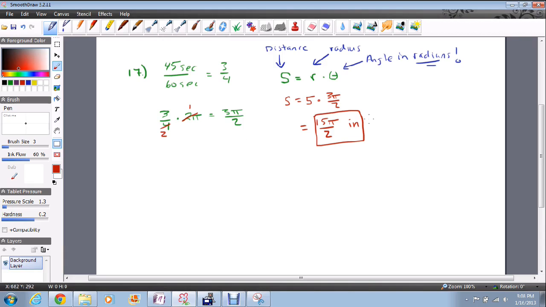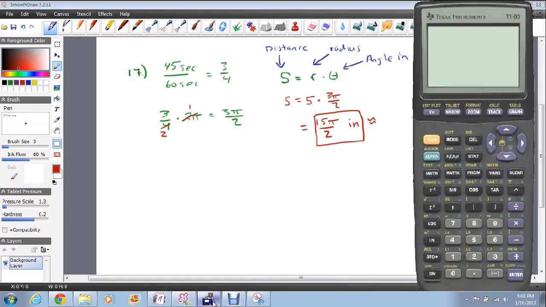Now, an approximation of this, just to give everybody a better idea of what that means, just simply take 15 pi divided by 2. Let's see what that comes out to. So it goes about 23.5 inches approximately. So it gives you a better idea of what we're talking about. But again, they told us specifically to leave it in terms of pi, so I'm just going to leave it like that, but just so you have a better understanding of what that value actually means.